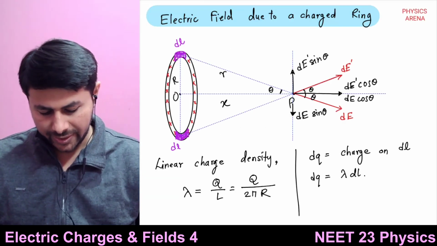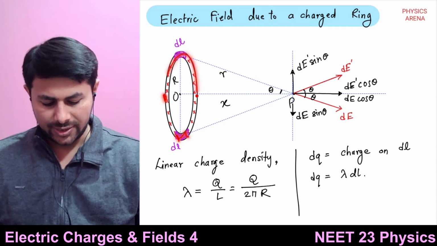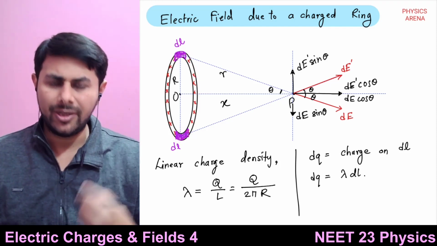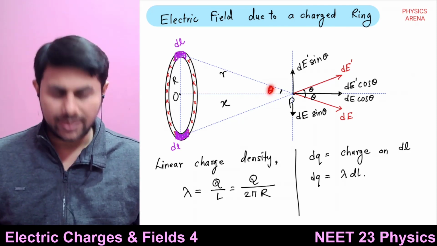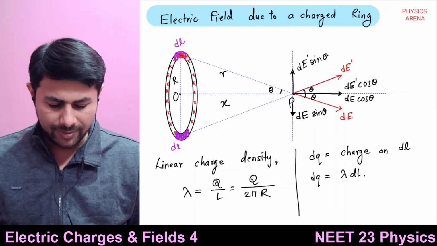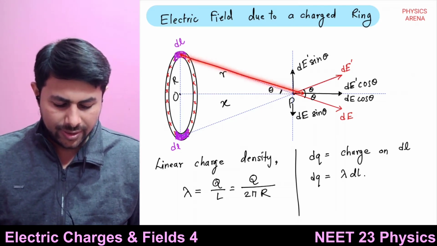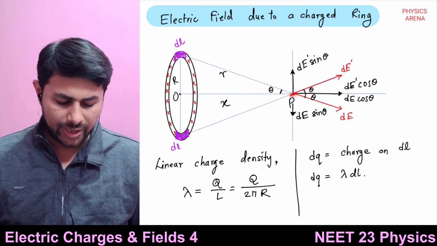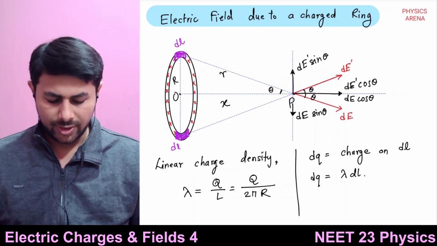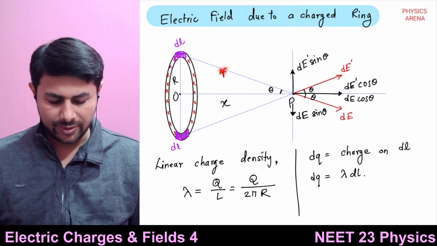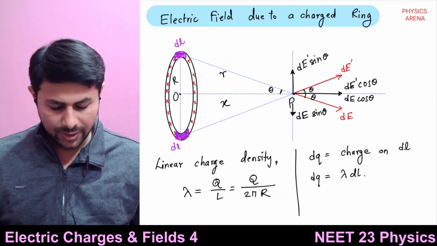You consider any length element anywhere on this ring, the length element will be on the ring only. So this is the angle theta. If you join that length element to this point, any length element, its distance from this point is equal to the small r, which is, you can say, small r square is equal to x square plus capital R square, right?